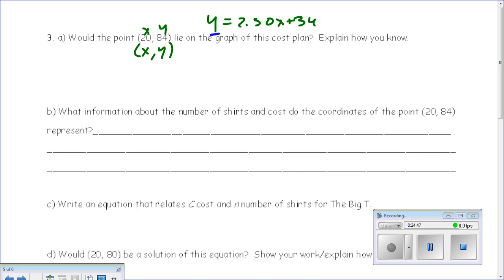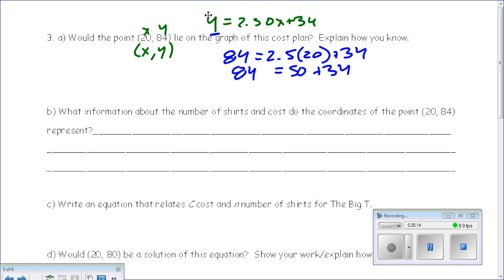What's our y again? What did they tell us y is? 84 equals 2.5. What's my x? 20 plus 34. Okay, I can simplify this. 2.5 times 20 gives me 50 plus 34, and I still have 84 on the left.